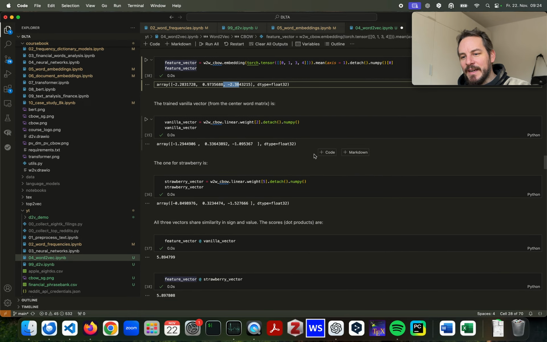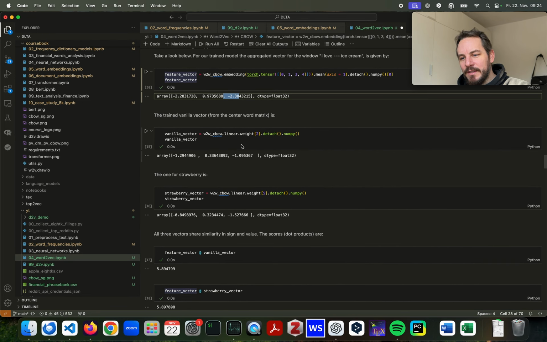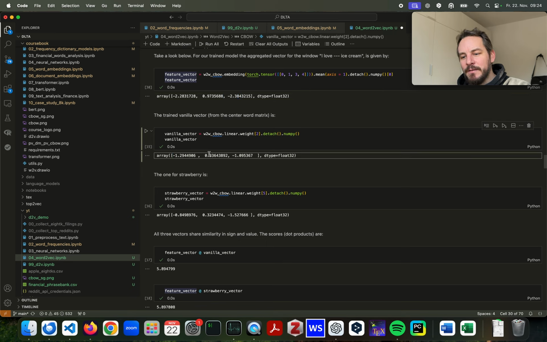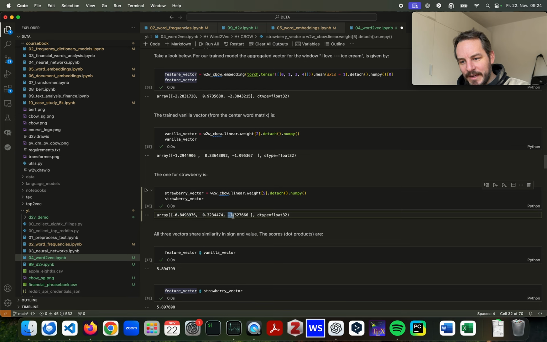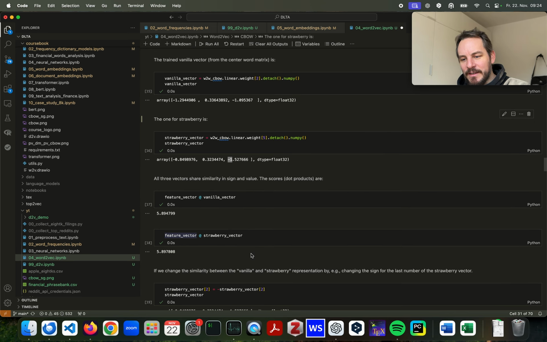And here that is exactly what is happening. So these are the vectors of the trained model. You can see it's minus, positive, and negative, and here negative, positive, negative. And you also can see that if you calculate the dot product here, it is almost identical.